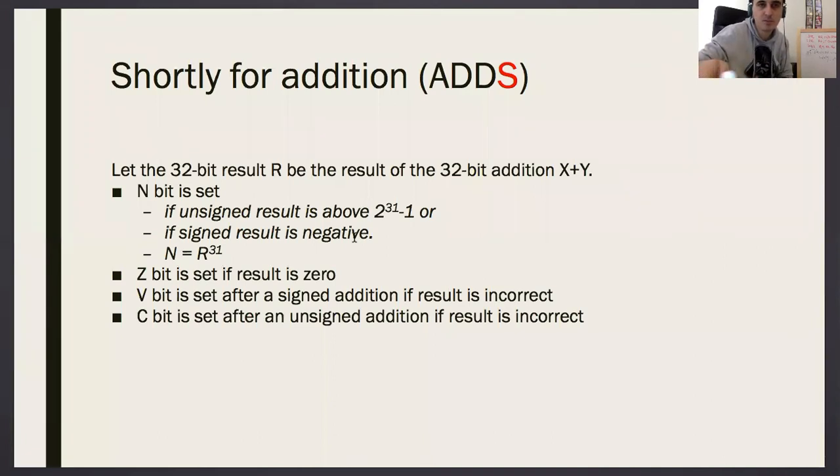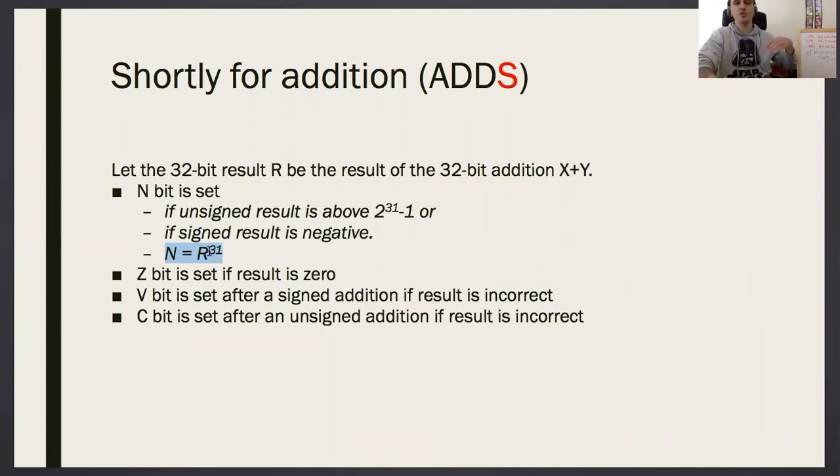It's giving you some simple explanations about how the N, Z, V, and C bits are set. So let the 32-bit result R be the result of the operation. We are summing two things, like add or sub, and there's a result. N bit is set if the unsigned result is above this value, and the signed result is negative, and/or if the most significant bit is 1.